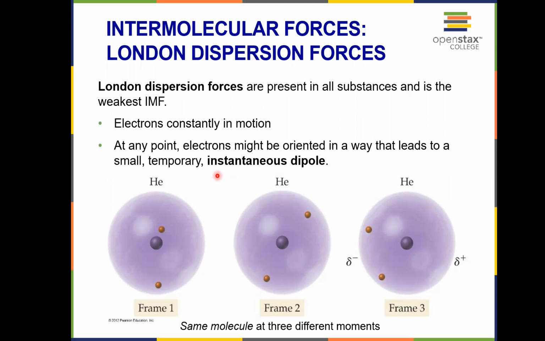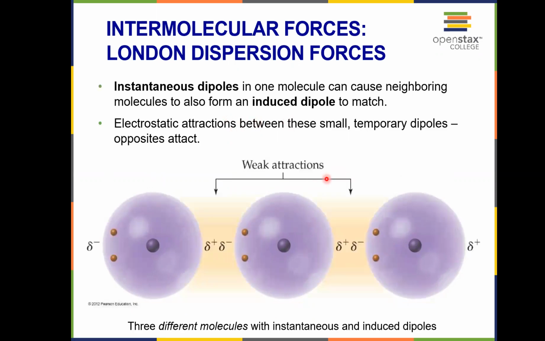This is known as an instantaneous dipole, just by happenstance at one moment in time, since our electrons are dictated by the probabilities outlined by our quantum mechanics. It just happened to have a small separation of charge throughout our atom or molecule. Now, this instantaneous dipole will interact with the molecules around it by causing induced dipoles.